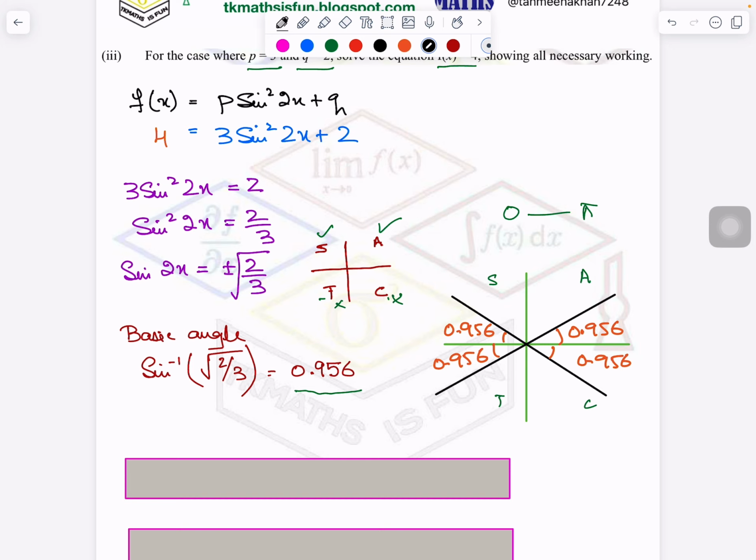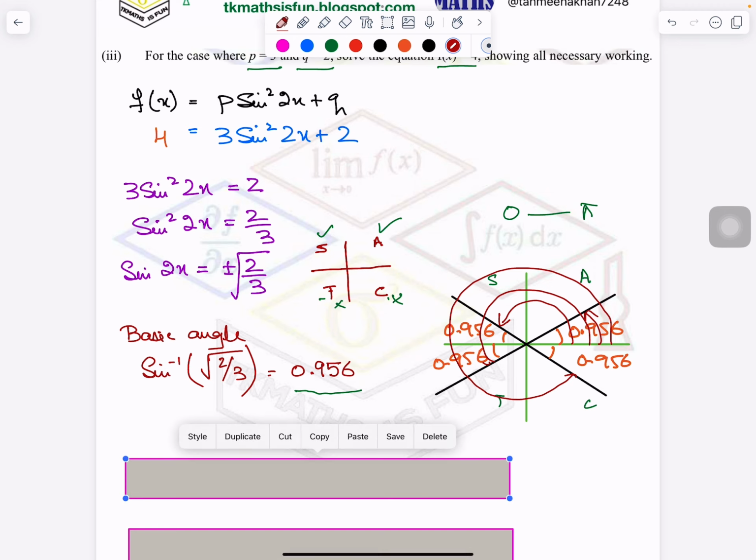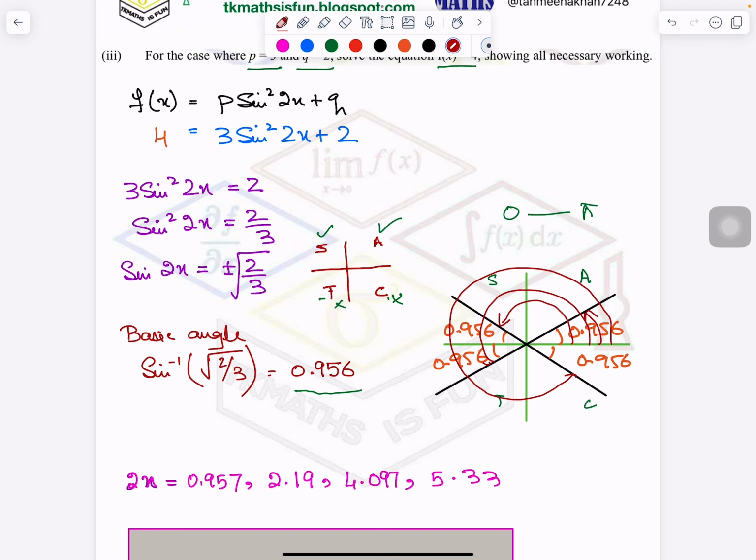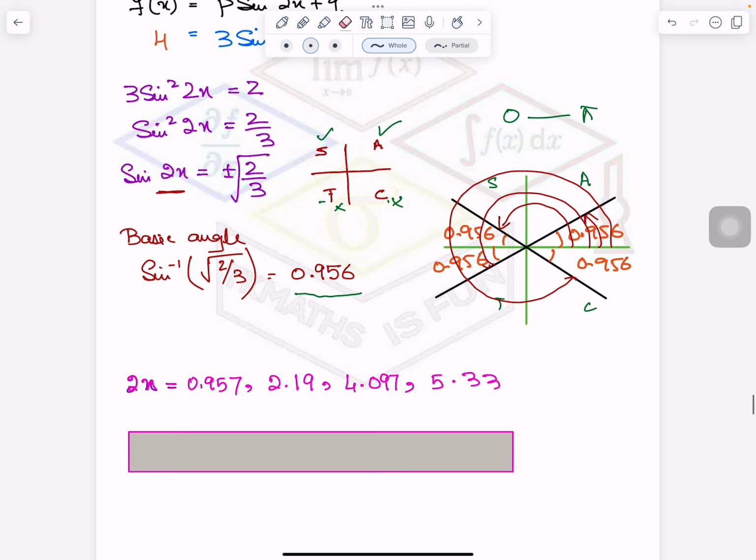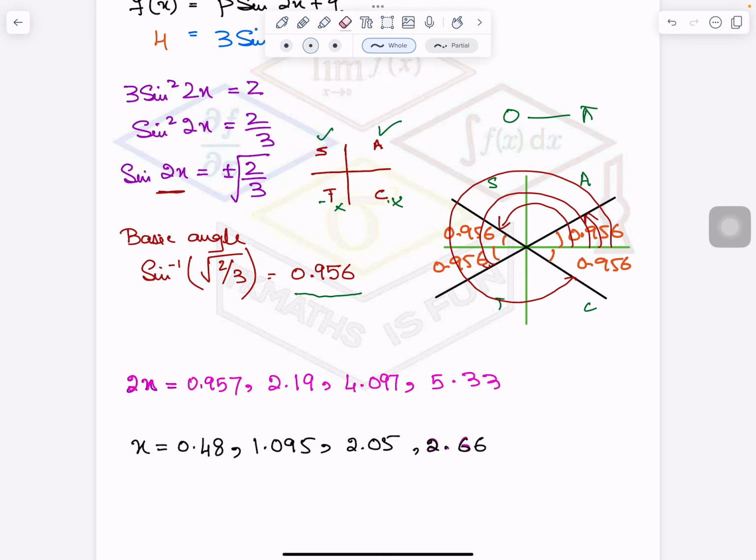One answer will be this, the other answer will be pi minus this, pi plus this, 2 pi minus this, right? And all these answers will be equal to what? 2x, because I have 2x here. And then to find the answer x, I will divide them by 2.